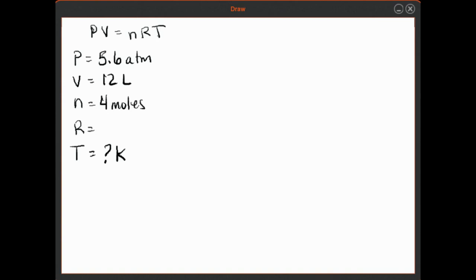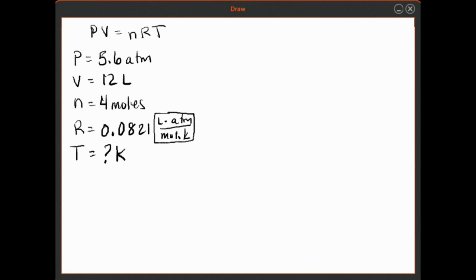So for us, because we have atmospheres, we're going to have to use that first R value, which is 0.0821 liters times atmospheres over mole times Kelvin. Now, this is just a unit. We do not multiply or divide or do anything to that R value. This is simply a unit that goes with the constant R. And that is, in fact, the gas law constant.